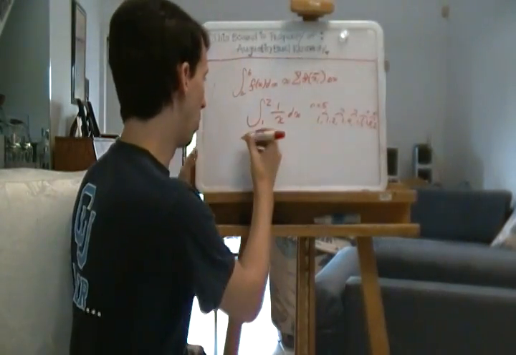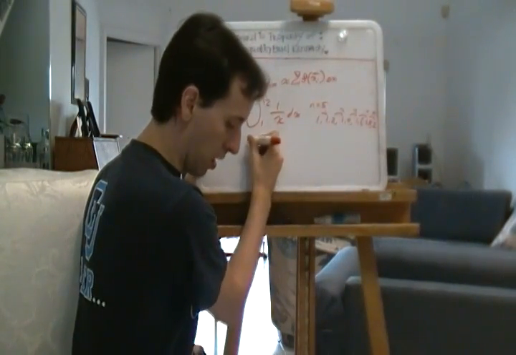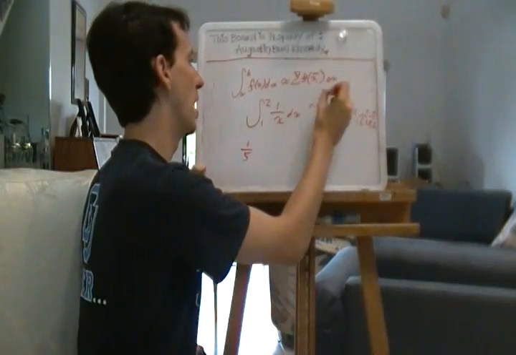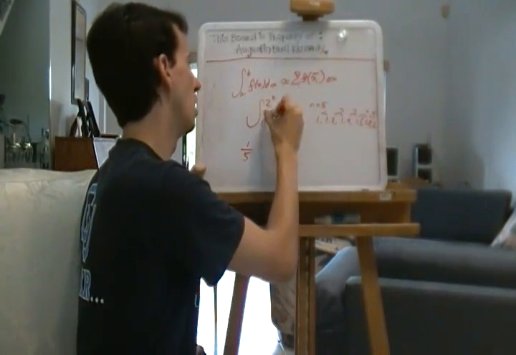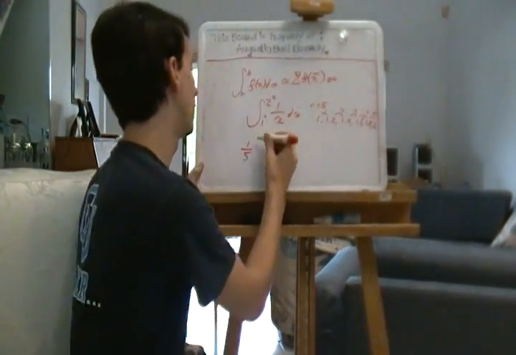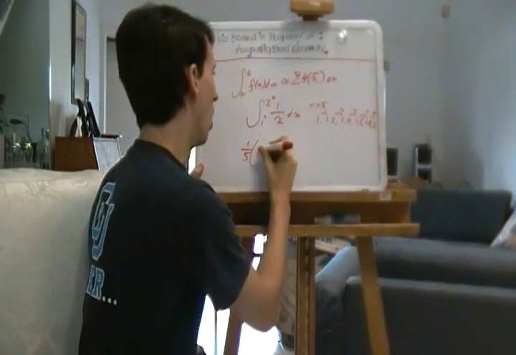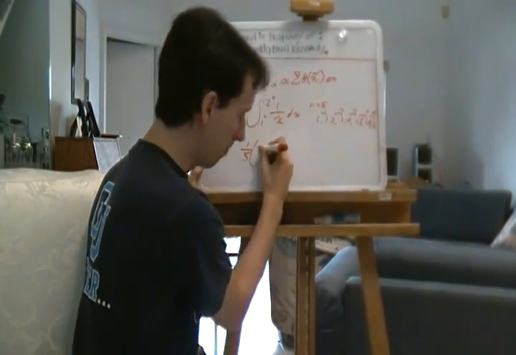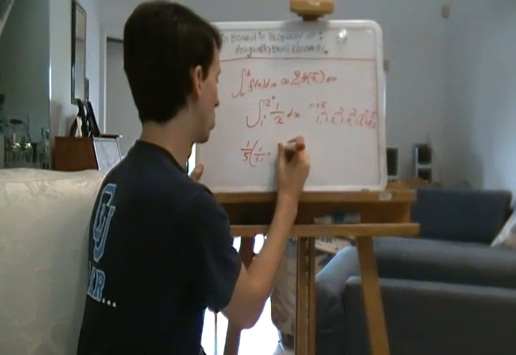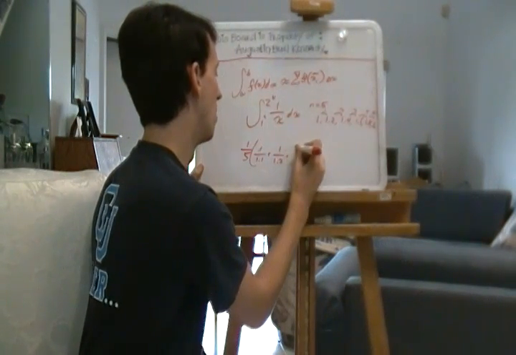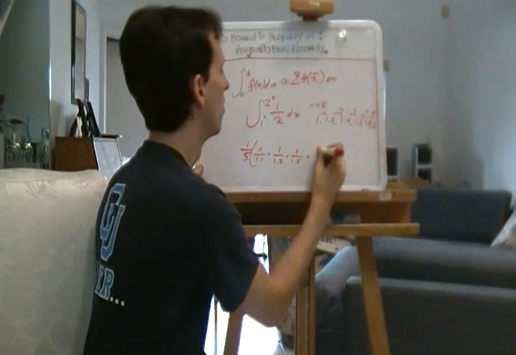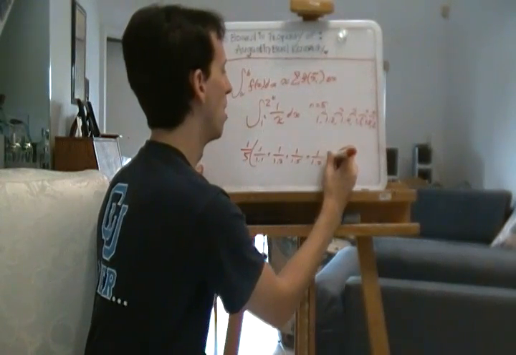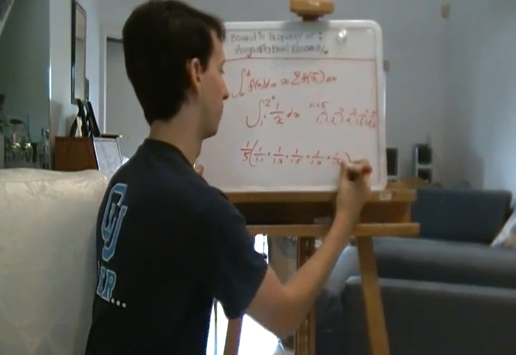We're going to use the midpoint, 1.1. So it's going to be b minus a over 5, which is 1/5, times 1 over 1.1 plus 1 over 1.3 plus 1 over 1.5 plus 1 over 1.7 plus 1 over 1.9.